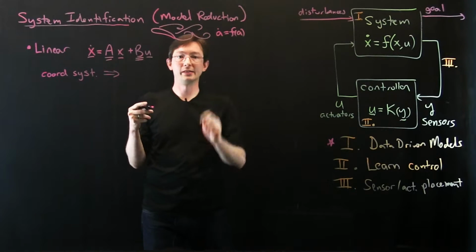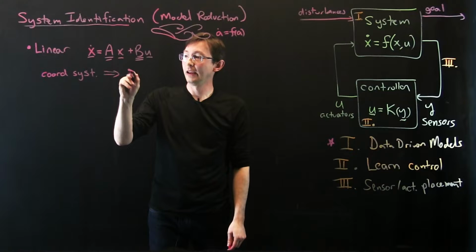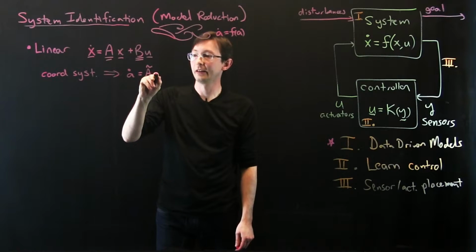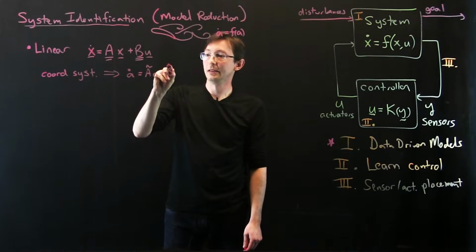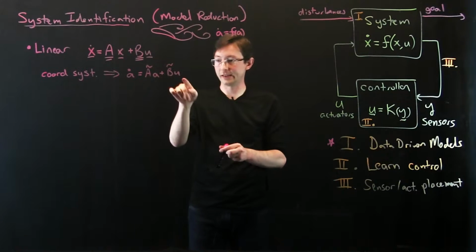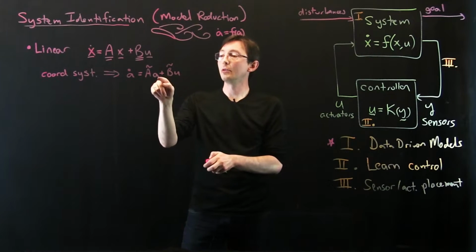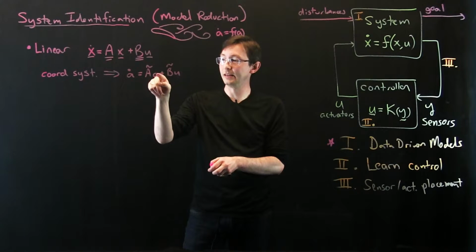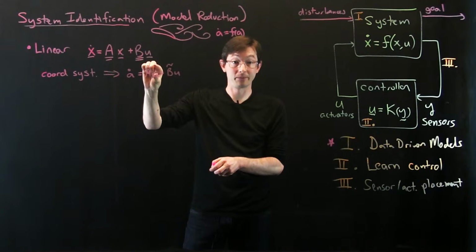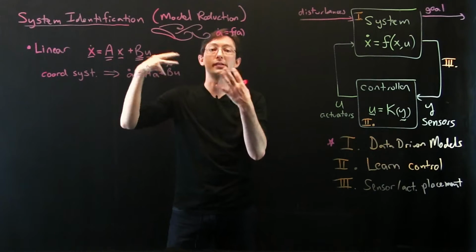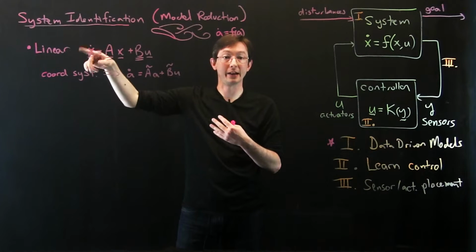I'm going to write it in terms of this little a state: a dot equals A tilde a plus B tilde u. So I still have a control knob u, but I only want to affect the small vector a that represents most of the structures I'm going to see in this high dimensional data X.